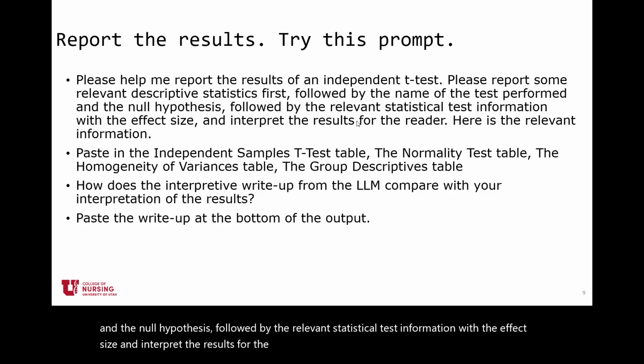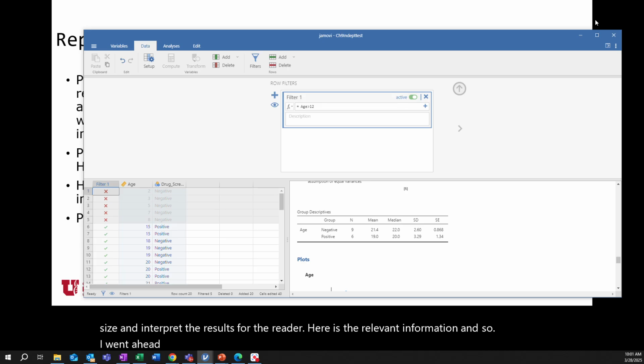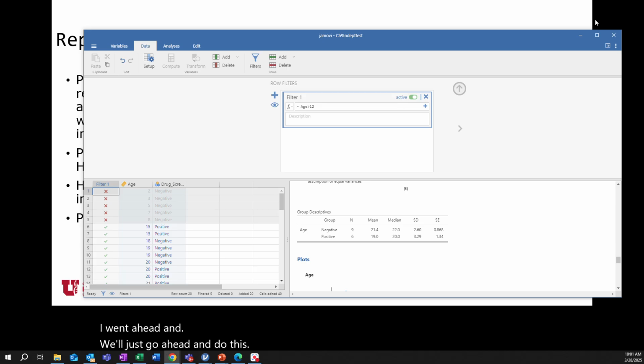Here is the relevant information. And so I went ahead and we'll just go ahead and do this again in ChatGPT.